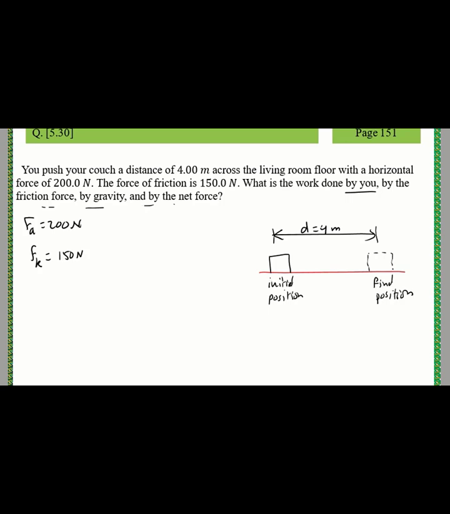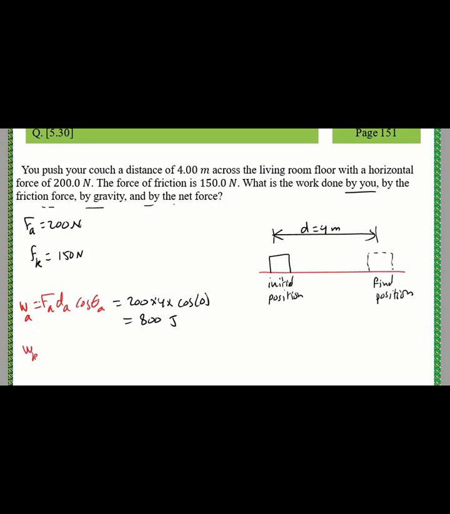Now FA dA cosine theta A is the work done by A. FA is 200, d is 4 meters, cosine of the angle, the angle is 0, so it is 800 joules.